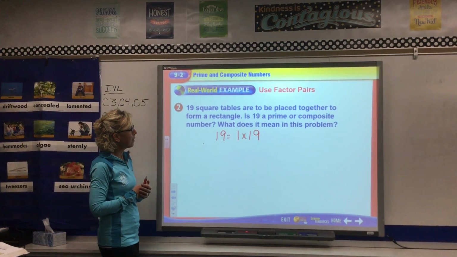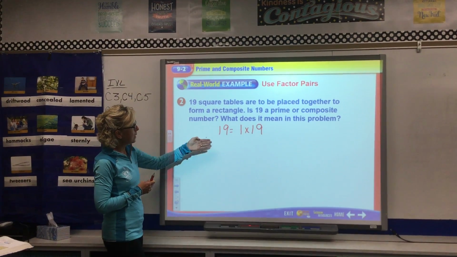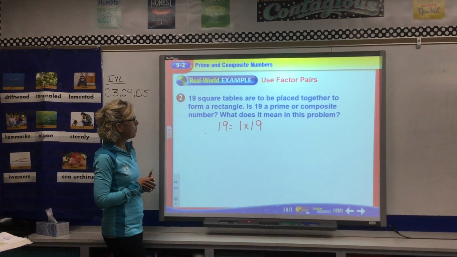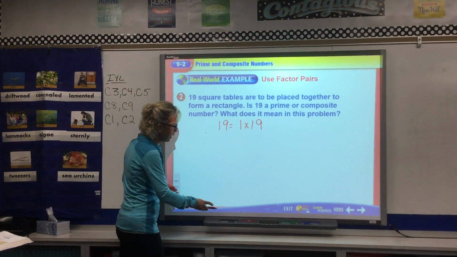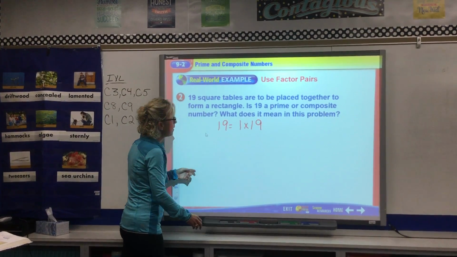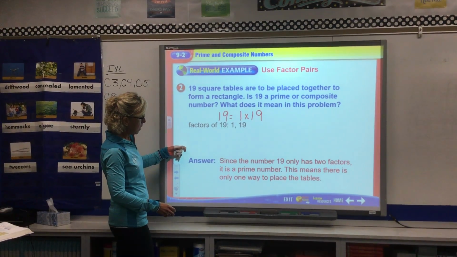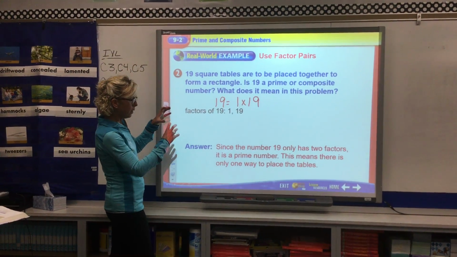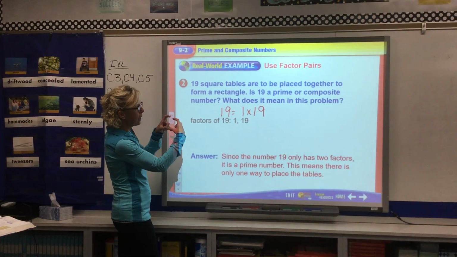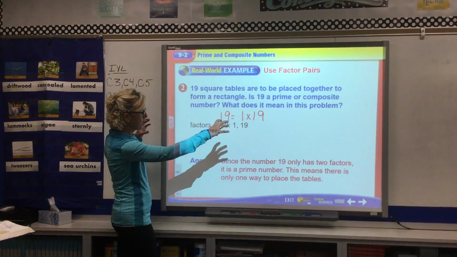So we know that 19 is a prime number, and if 19 square tables are to be placed together to form a rectangle, they have to be arranged in just one particular way. The 19 tables would be arranged in one long line.